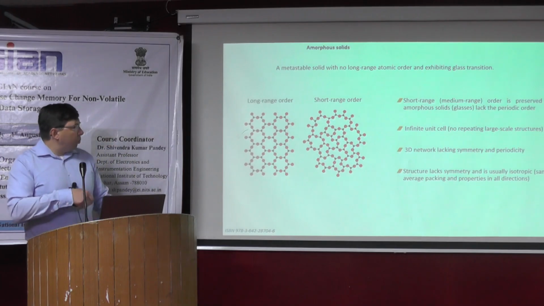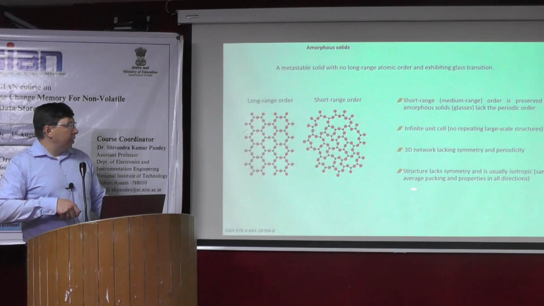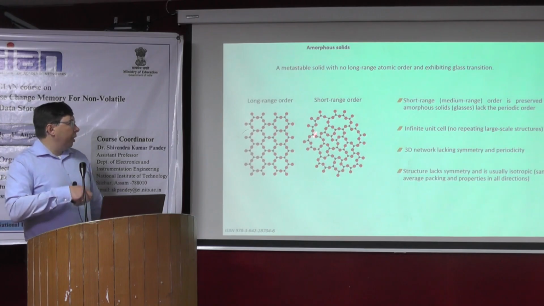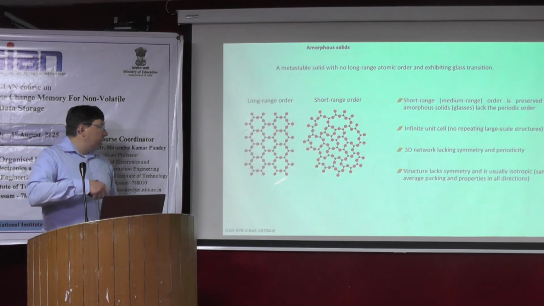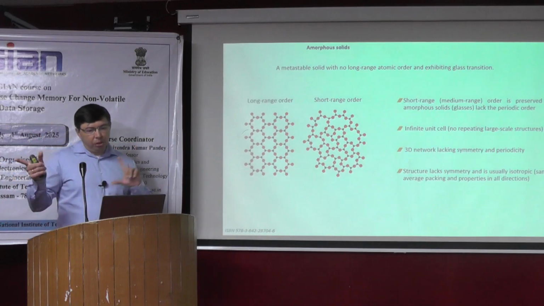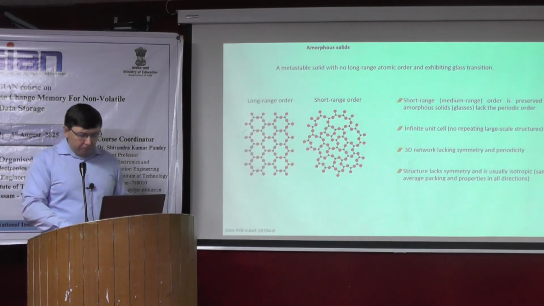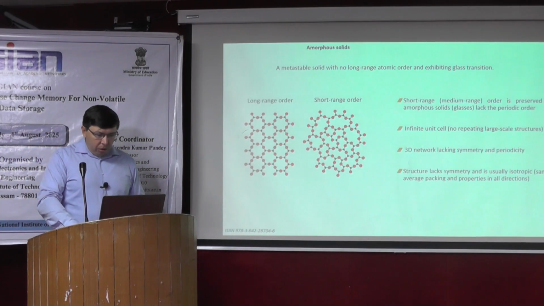The amorphous structure also lacks symmetry and is usually isotropic, with the same average packing properties in all directions, and you know that crystalline solids are anisotropic, so the physical properties change depending on the direction.